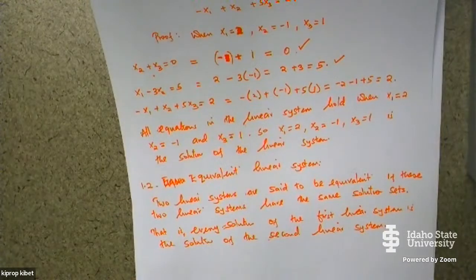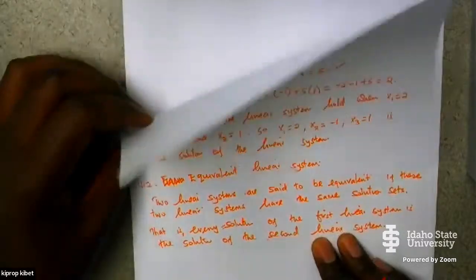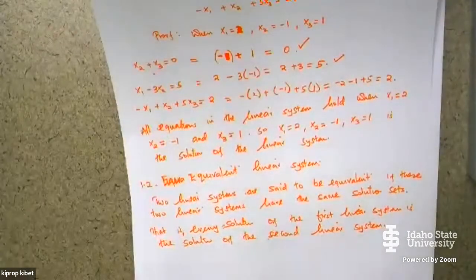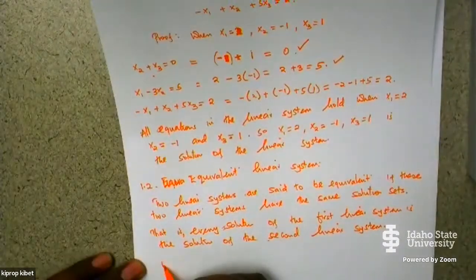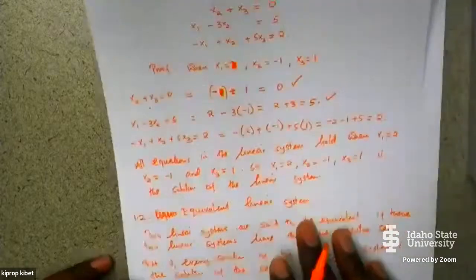So if the two linear systems have the same solution set, we say the two linear systems are equivalent. So, for example, let's look at example number 2.